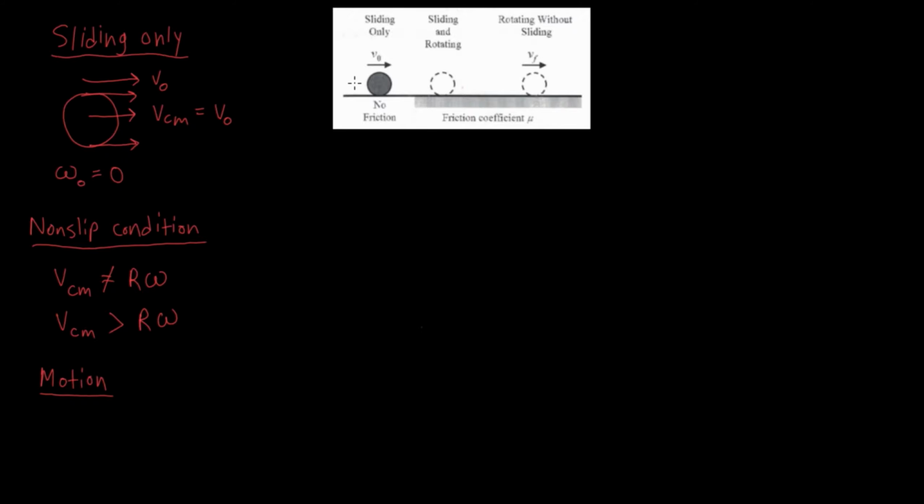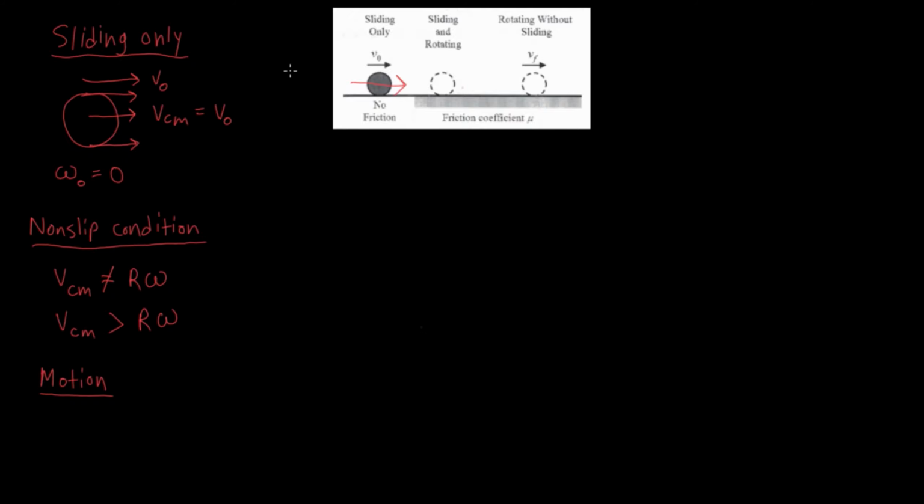Now let's describe the motion of the circular object. So remember that since the object is sliding only, that means that any point on the object is also going to have the same initial velocity. And so we also said that the angular velocity is 0.